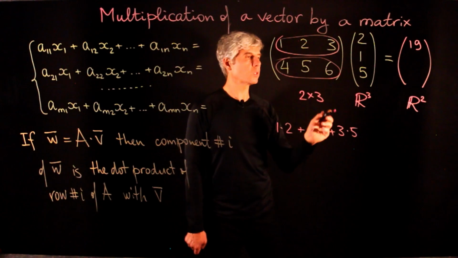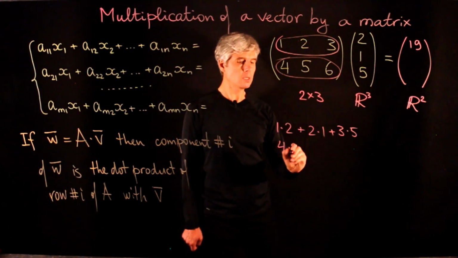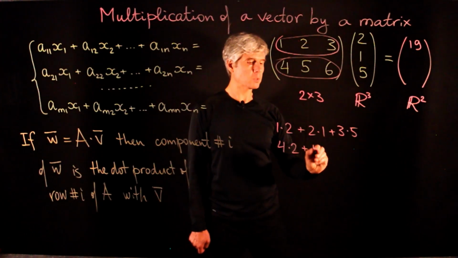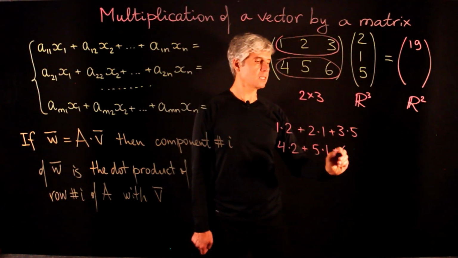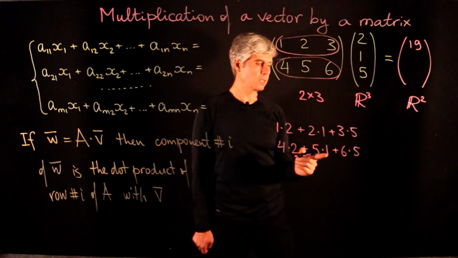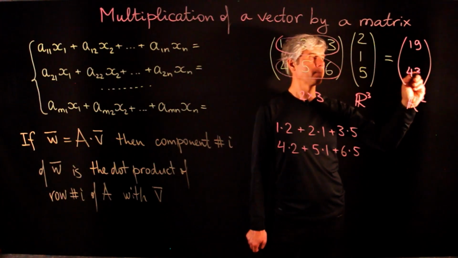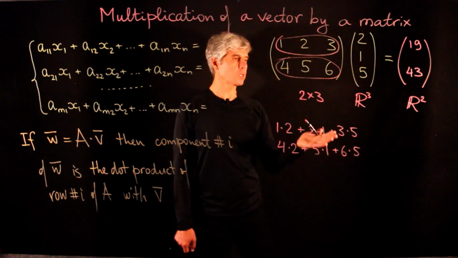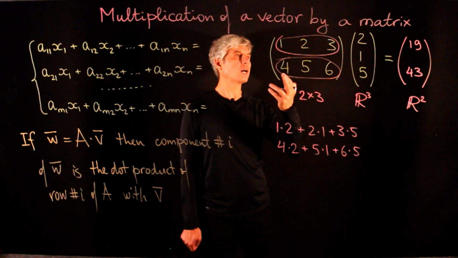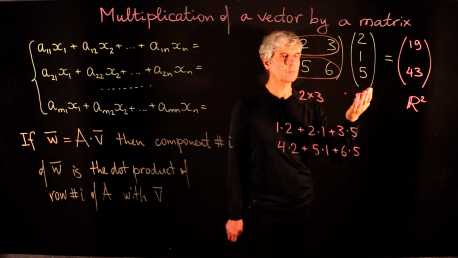The second row will give us the second component of this vector. So we get 4 times 2 plus 5 times 1 plus 6 times 5. So here we have 8 plus 5 plus 30. So that's going to be 43. So this is an example of how we multiply a matrix by a vector.